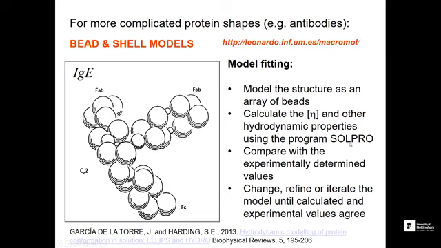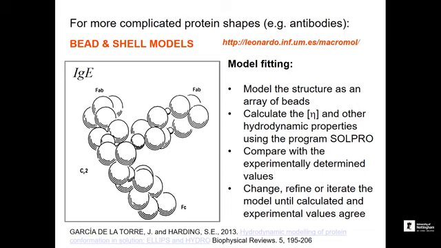So SolPro is a computer program whereby you can work out the orientation by this multi-bead approach. You can work out the orientation of these domains, Fab and Fc domains, in an antibody molecule. For a particular shape, you can calculate what the viscosity is, and other parameters like the radius of gyration I mentioned, and the sedimentation parameters.